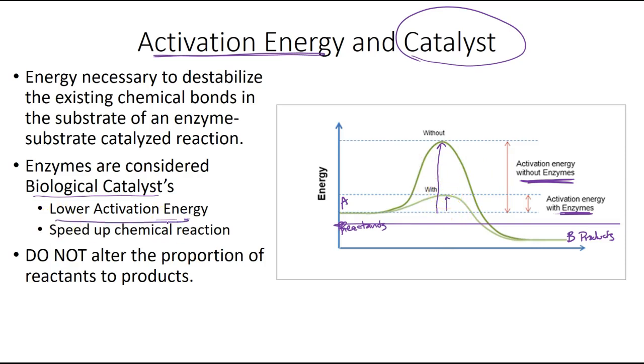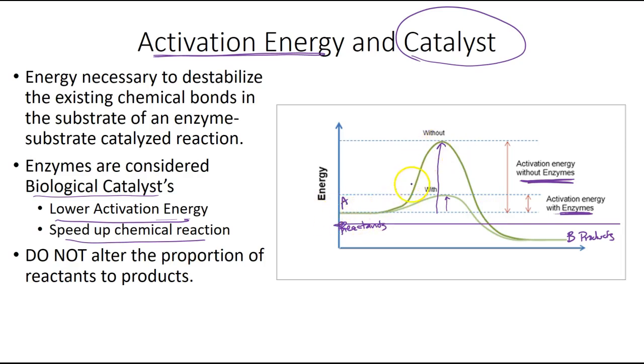So enzymes lower activation energy, or I should say catalysts in general lower activation energy, and they speed up the chemical reaction. It's much easier for a reaction to travel this path as it is to travel this path. If you were in a car, it would require less time and less gas to climb this hill or to take this tunnel through this mountain range, so to speak. Okay, this would be much faster and would require less energy in order to take this path as opposed to this path.